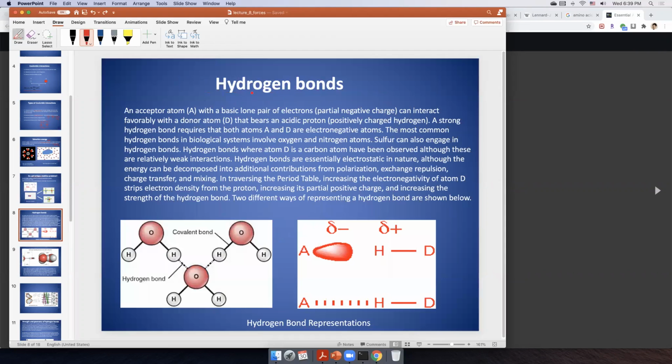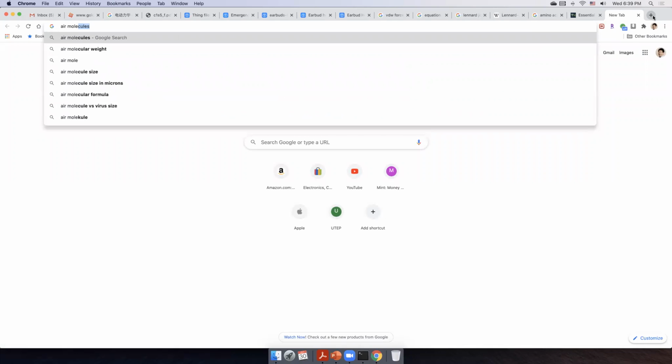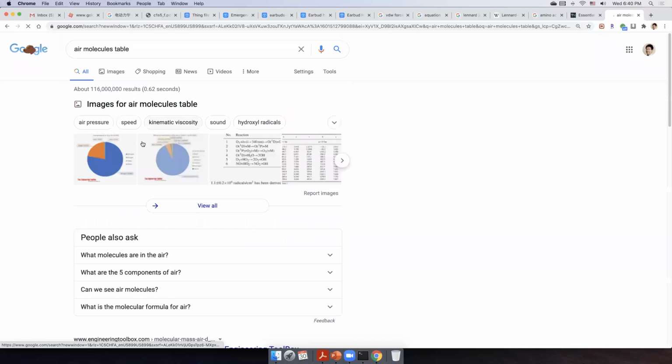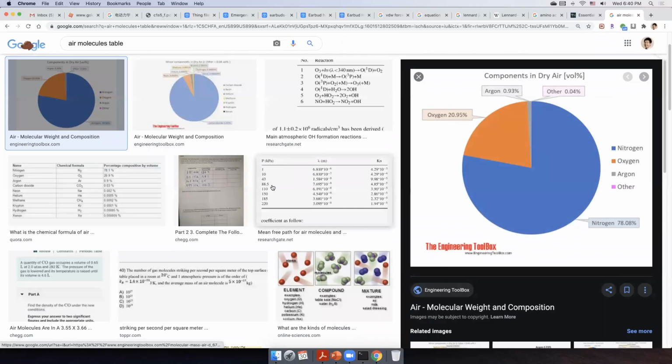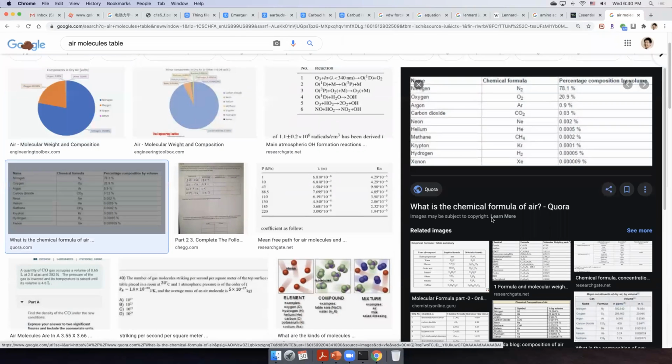Now let's discuss the hydrogen bond, which is another type of force. First, let's look at water. Water is very different from other gas molecules. If we look at the gas molecules in the air, here is a table of the gas molecules.